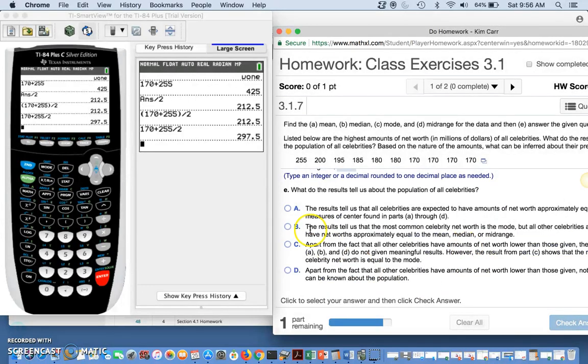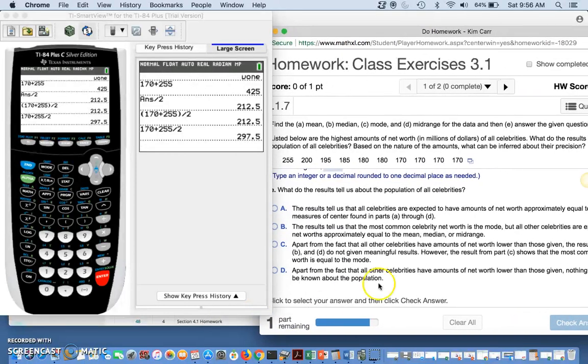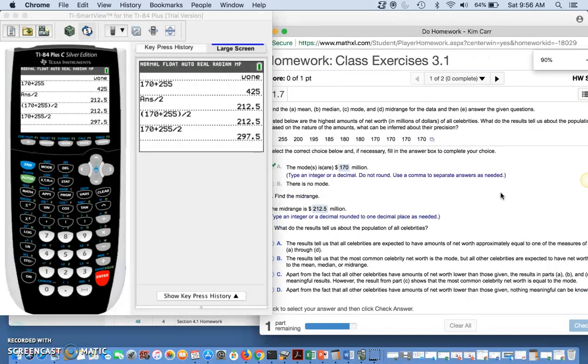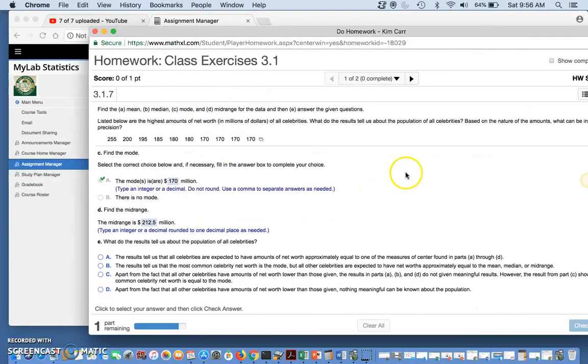Okay, now we will try to answer all of these questions here that we have. See if we can make this so that we can see it all. I'm just going to downsize the calculator because I'm basically through with the calculator for this problem.